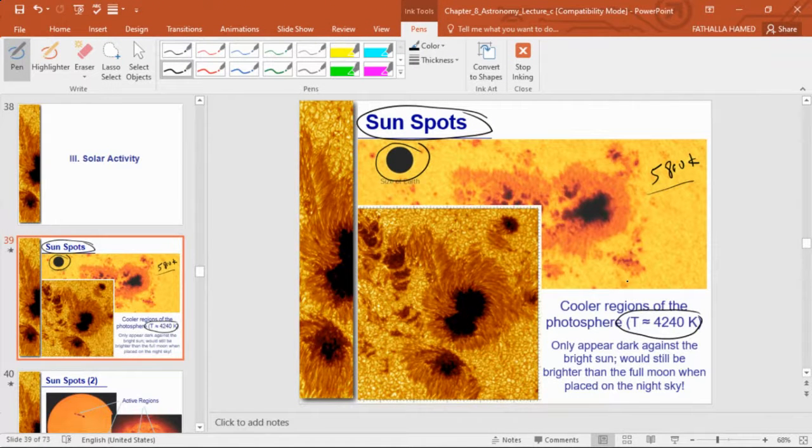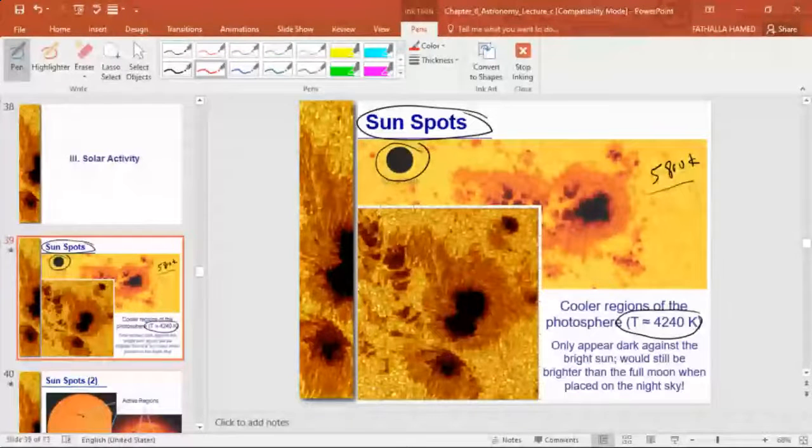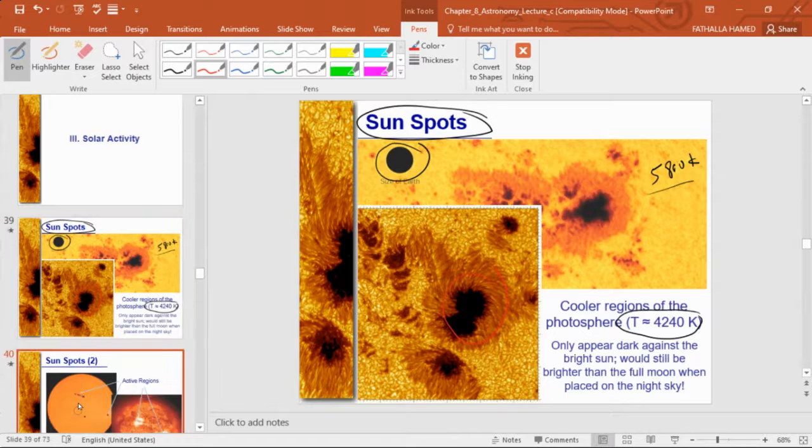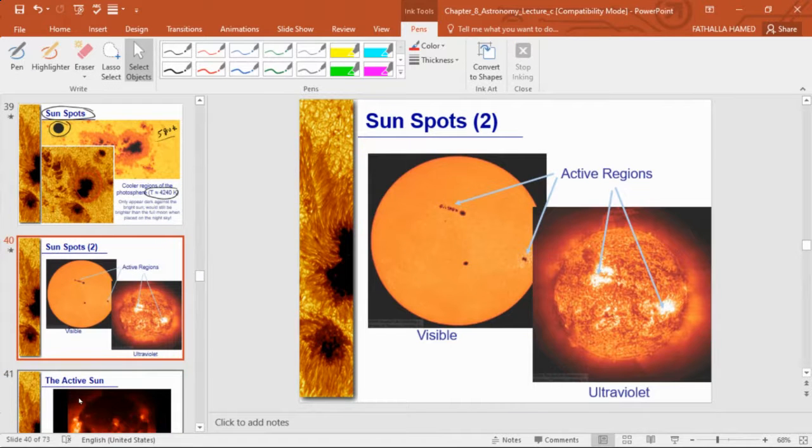Now, a question that can be asked is why the temperature here is lower than the rest of the surface of the sun? So the first piece of information collected was that sunspots have a lower temperature than the surface of the sun.